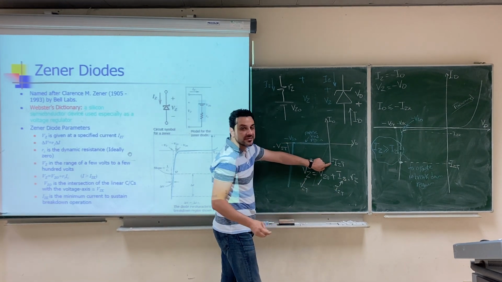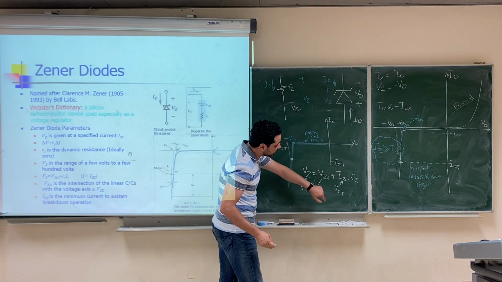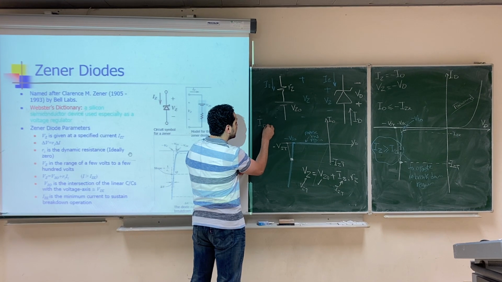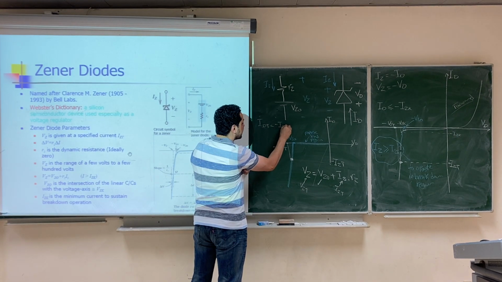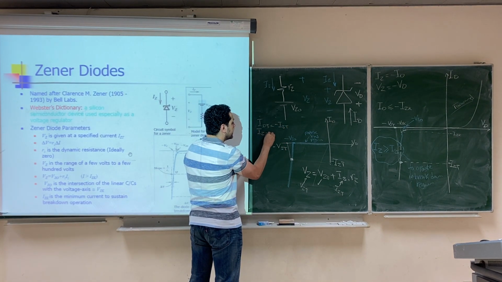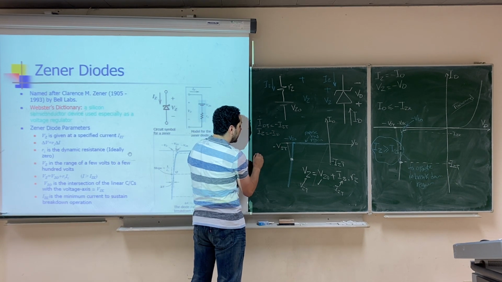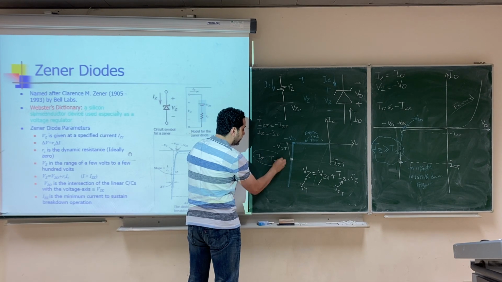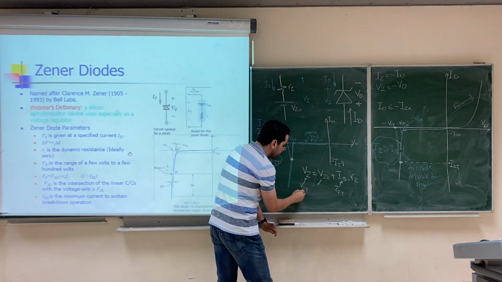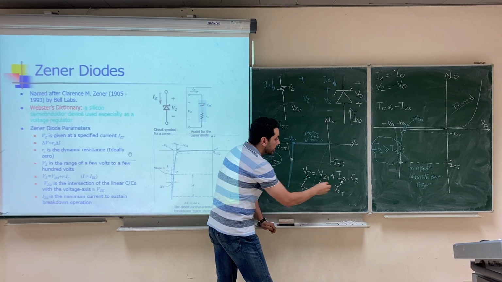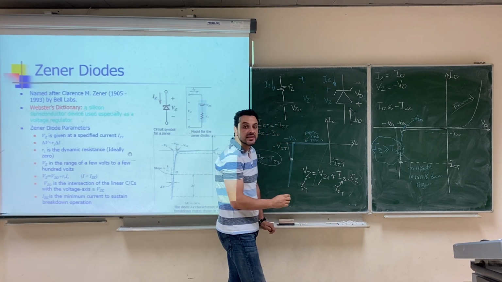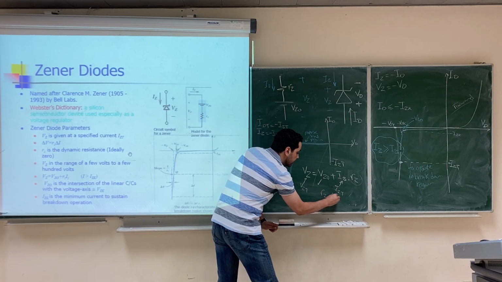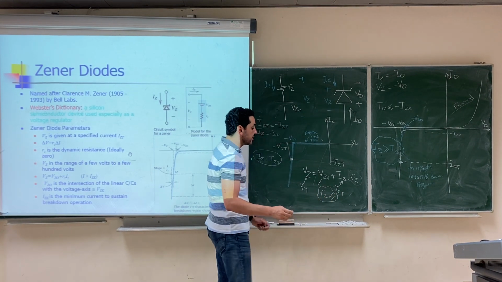I diode at the test point equals negative I Zener test, and I Zener is negative I diode. So I Zener, you substitute it here by I Zener test. Same for V Zener. If you substitute here V Zener test and I Zener test, you will be able to calculate the resistance R Zener.